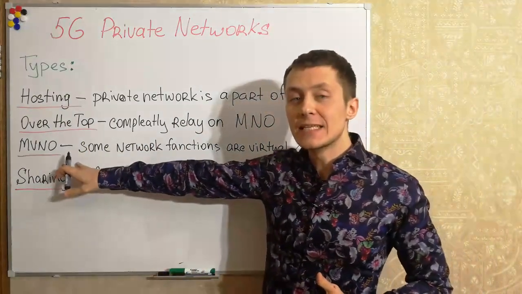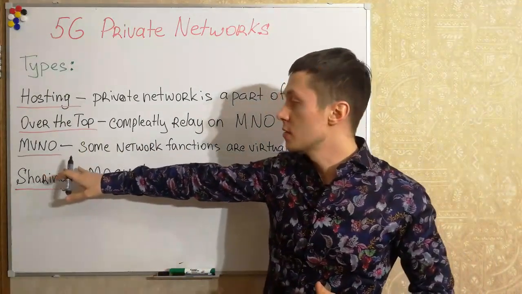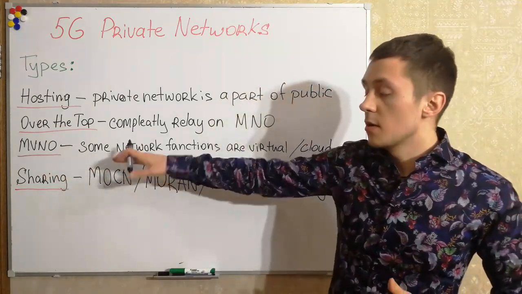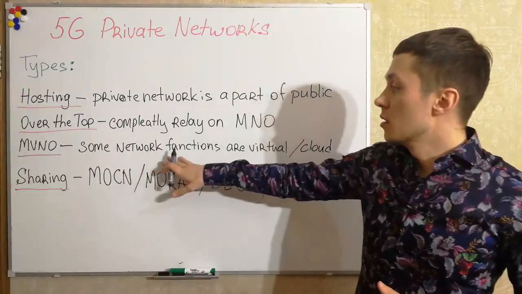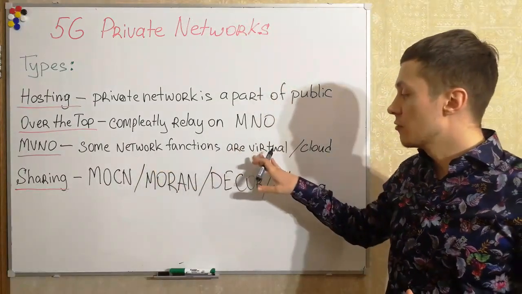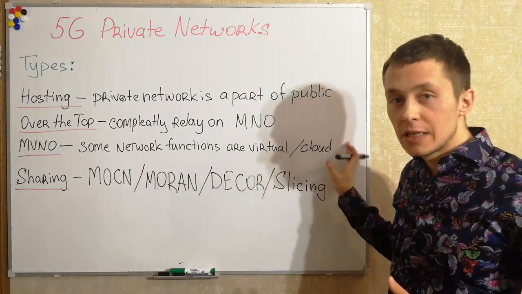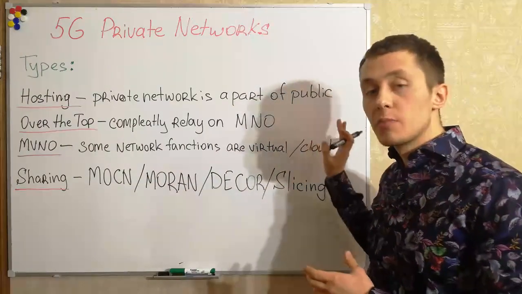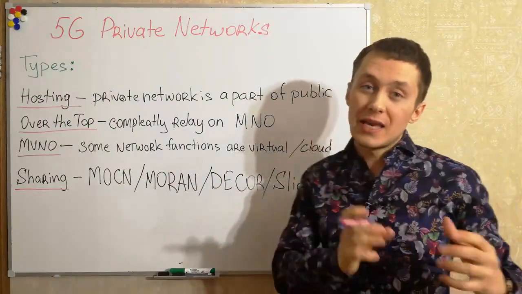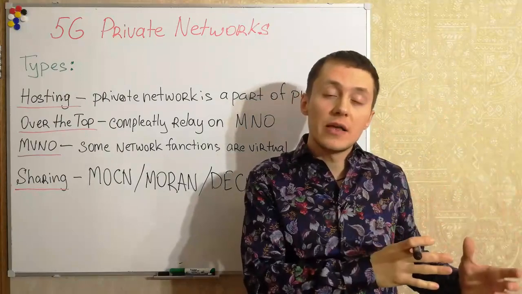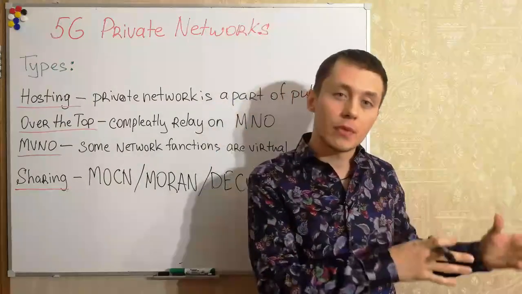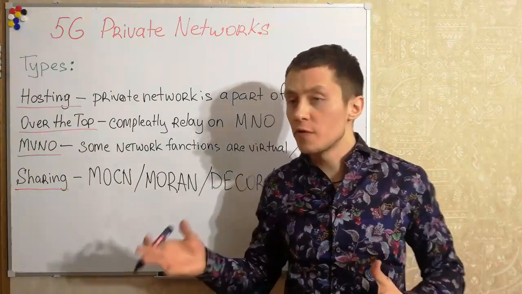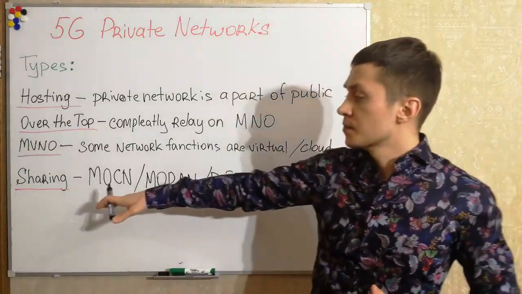The next case is virtual operator, when the private network acts as a virtual mobile operator, and maybe some functions can be based on cloud solutions provided by a cloud provider such as Microsoft Azure or some Amazon services as well.